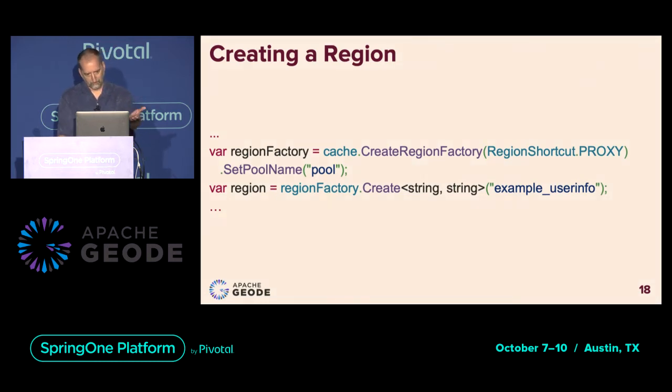So here we are. We grab a region from the region factory. Note that the region is a generic that takes two types, in this case string, string. Those are your key and value types. In general, it is not true that your region contains a single type for keys or values. In fact, they can be most any kind of thing.